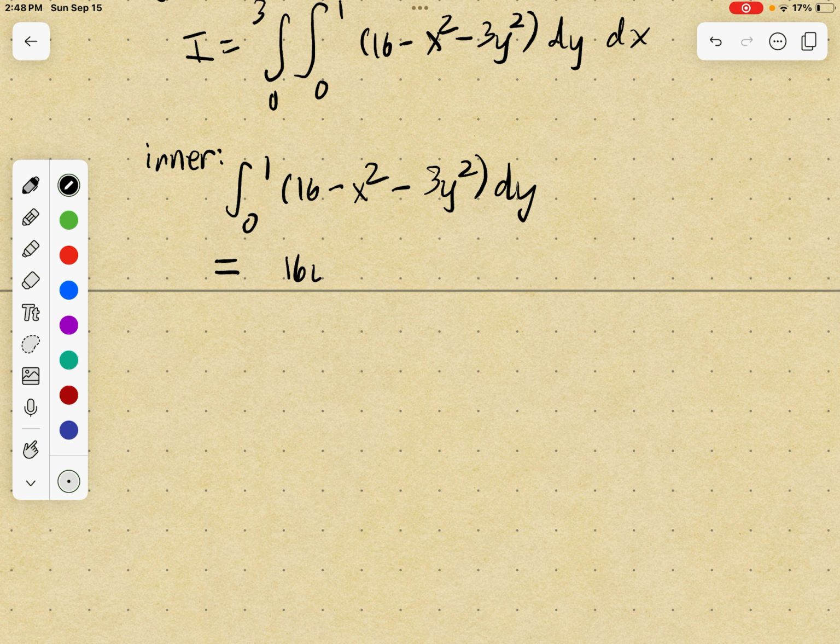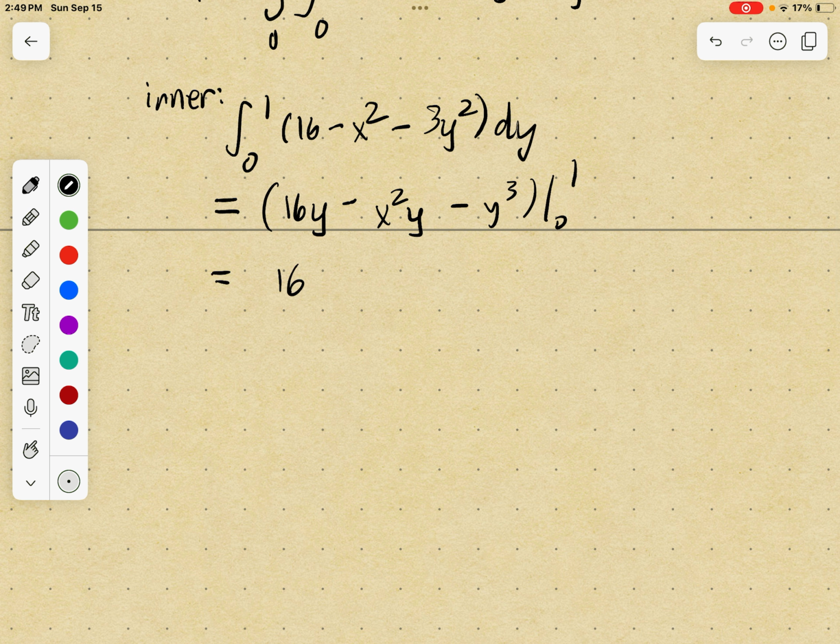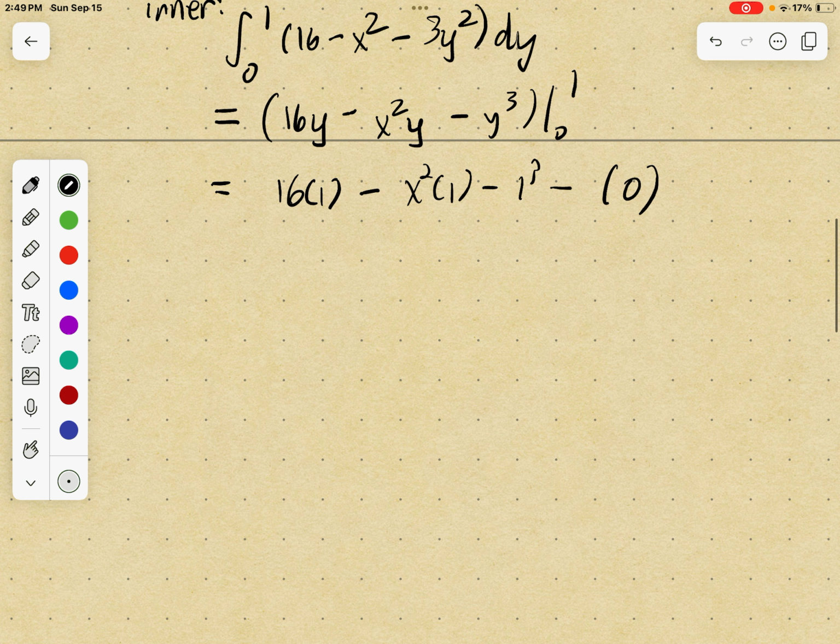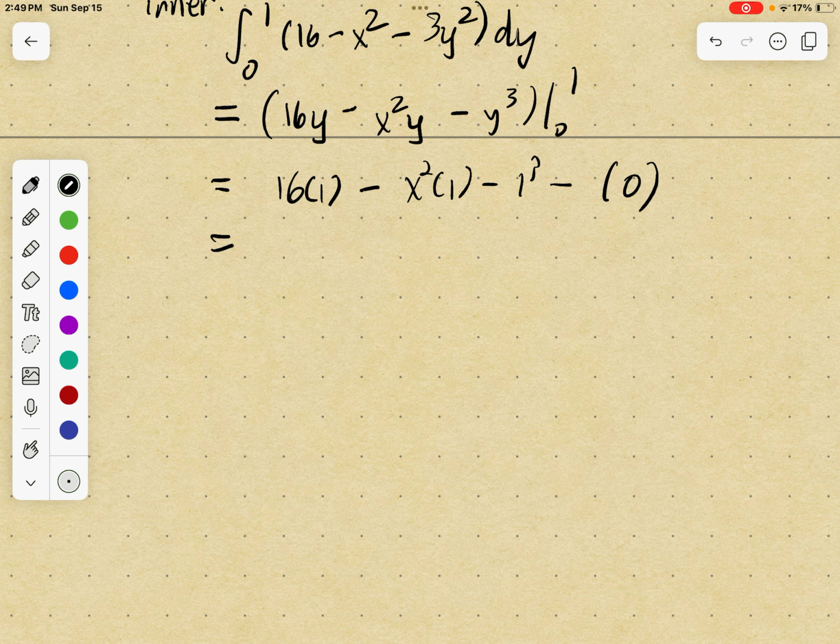So you're going to get 16y minus x squared y minus y cubed, evaluated from 0 to 1.